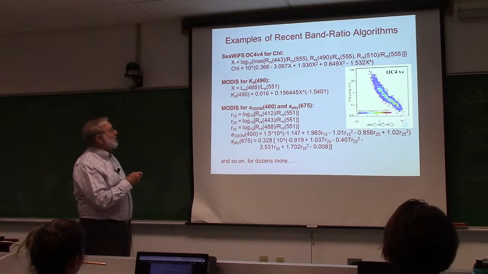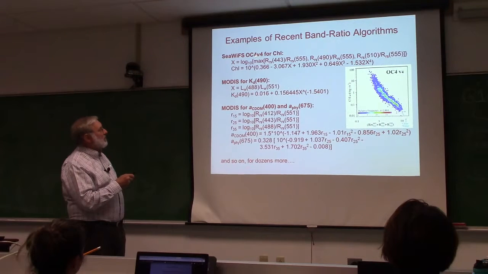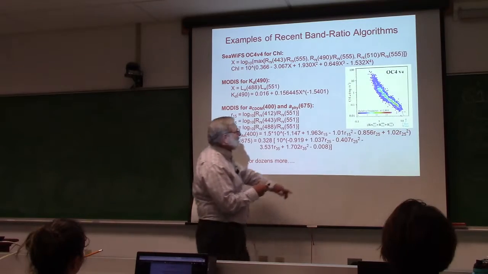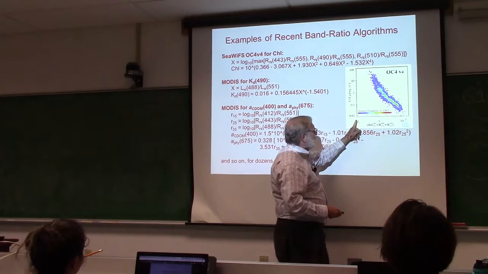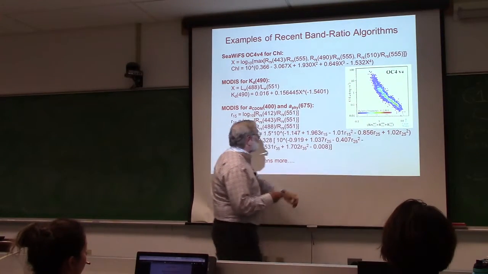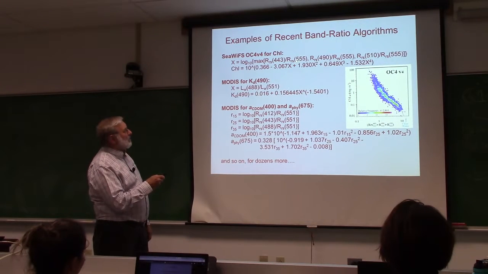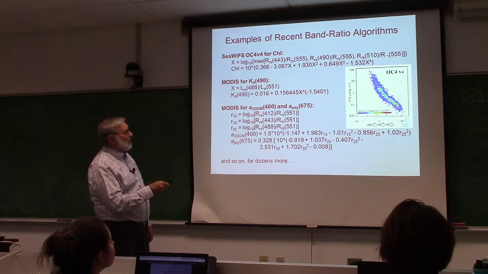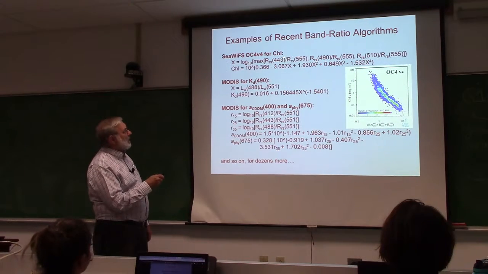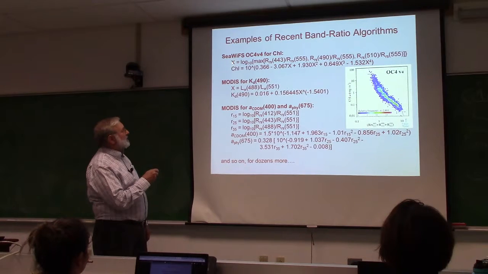So for example, here's the SeaWiFS OC4 version 4 algorithm for chlorophyll. Here's chlorophyll versus ratios. They take the ratio of 443 to 555, 490 to 555, and 510 to 555, and they look at which ratio is the maximum. They take the log of that, and that's x, and then they plug x into this fourth order polynomial.